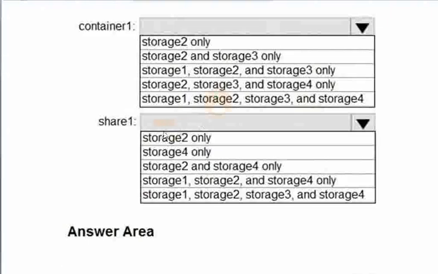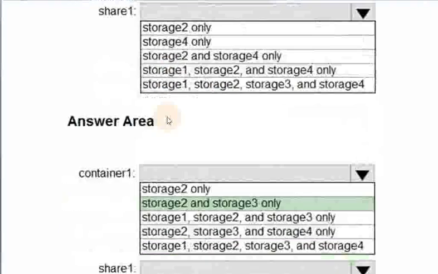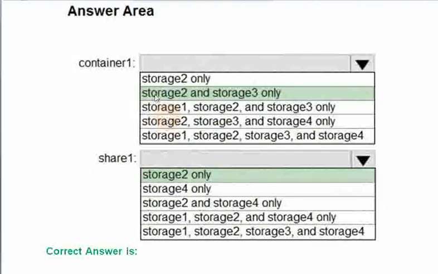This is the table for share 1. Moving to the answer part. From the container 1 table, storage 2 and 3 only matches with the option storage 2 only of the share 1 table.